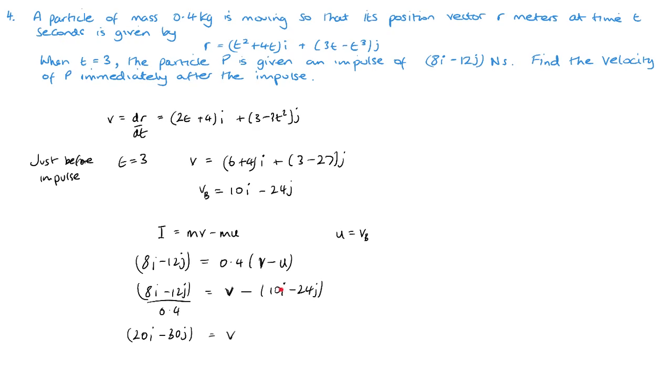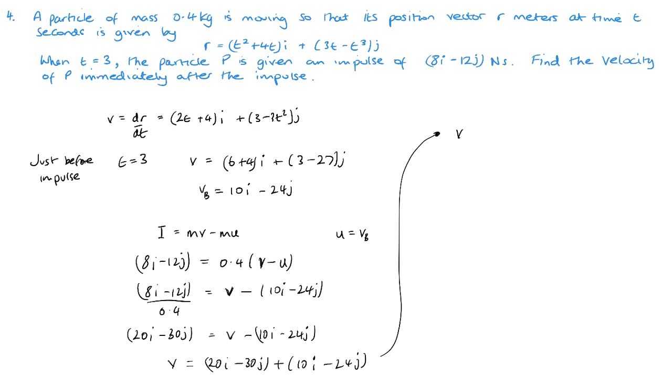Now I want to take this to the other side. So I'll keep it on this side for now. So v equals 20i minus 30j plus 10i minus 24j. So just carrying on up here, v is going to be 30i minus 54j.